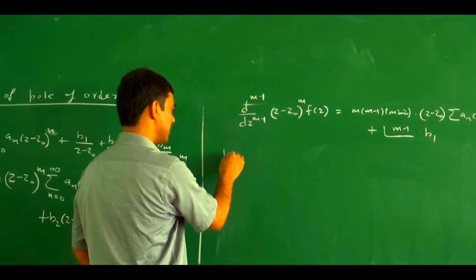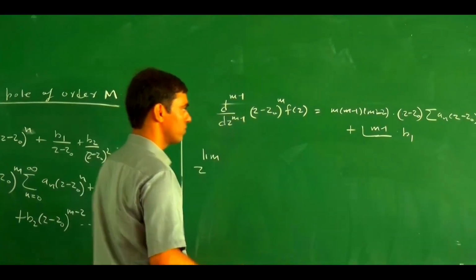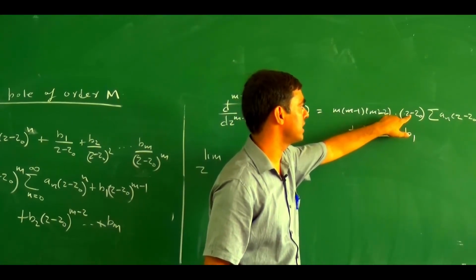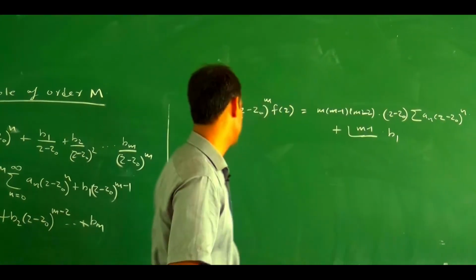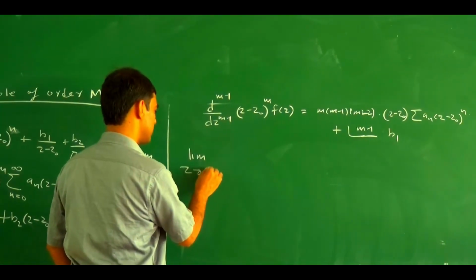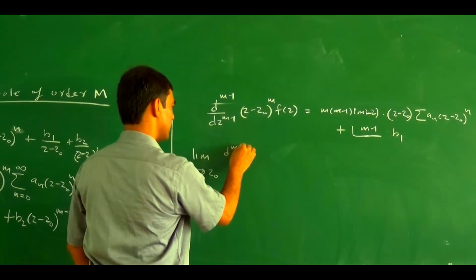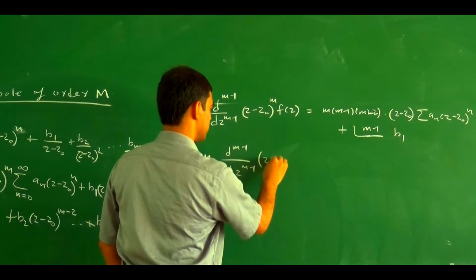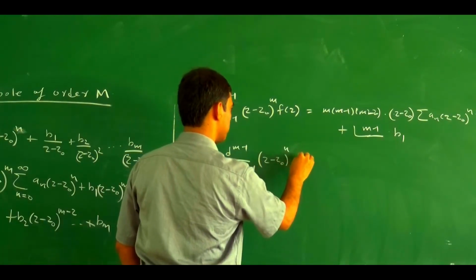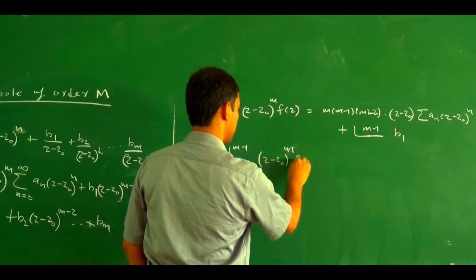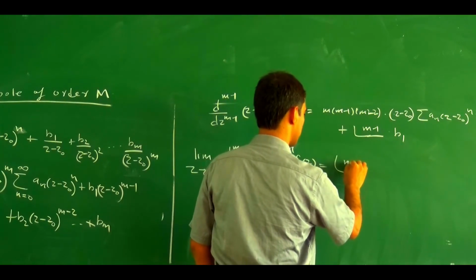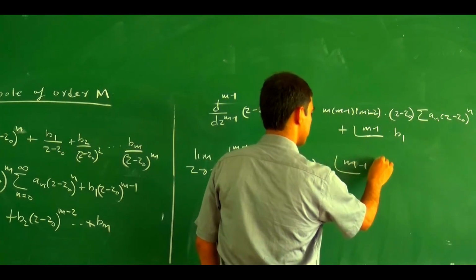So if we take a limit, because our aim is to find out the value of b1, if we take the limit z tends to z0, then this term becomes 0. So the limit as z tends to z0 of d^(m-1)/dz^(m-1) of (z minus z0) to the power m f(z) becomes factorial (m minus 1) times b1.